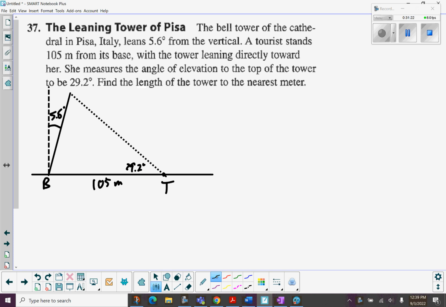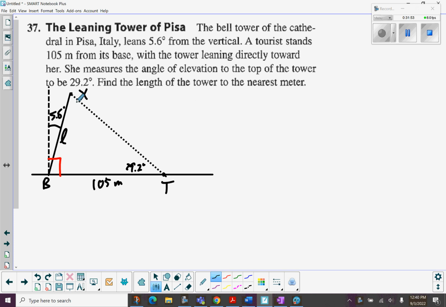Well, the length of the tower would be this side of a, whoa, it's not quite a right triangle anymore. However, let's put one more piece of information in here. If we're measuring it from the vertical, saying that it leans over that much, let's say X marks the spot here so that we can be more precise.